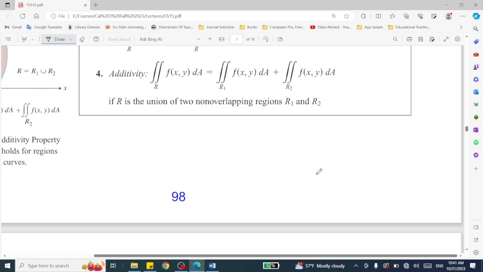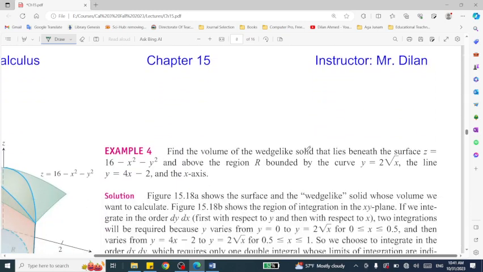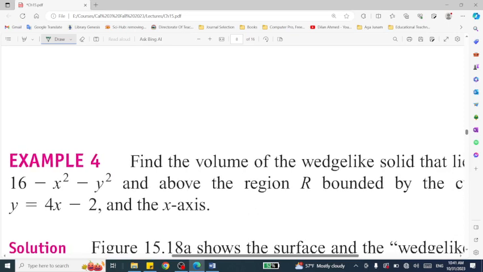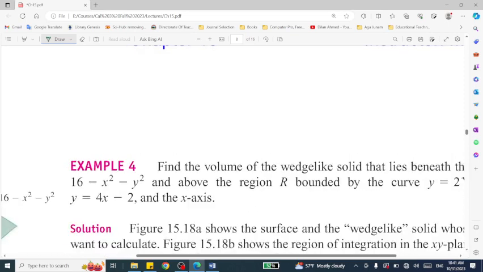That's it. I'm just going to give you the boundaries. Solve the integral of x square plus x to the power 3.